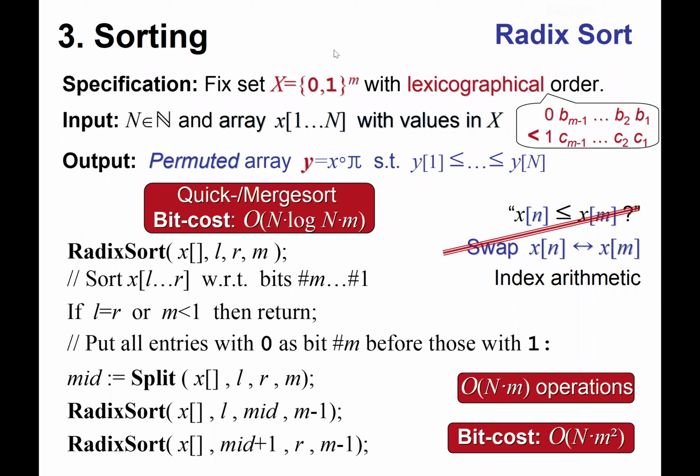And we also similarly analyzed the bit cost of our previously optimal algorithm, quick and merge sort, multiplying everything with m, that is basically with the bit length of the bit strings. So that answers a very good question about the bit cost analysis.